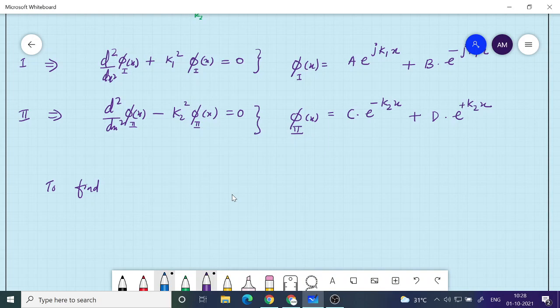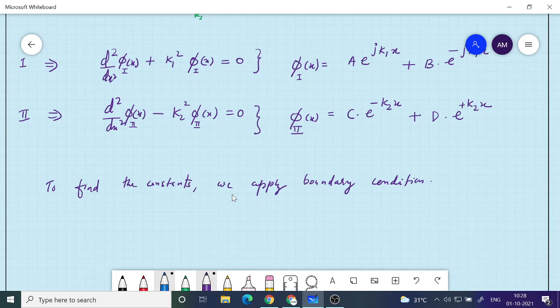Of course we are doing a physics problem, but what we are actually solving is a differential equation, which is entirely a mathematical problem. So to find the four constants, we apply boundary conditions.